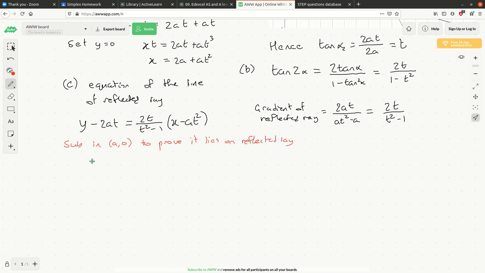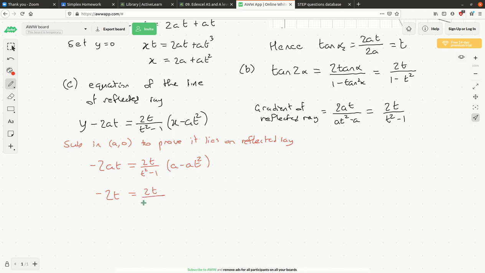And what do we get? We're plugging in y is 0 and x is A. Obviously, we can take the A out of that and then divide both sides by A. There's going to be an A popping out of that if you factorize it.